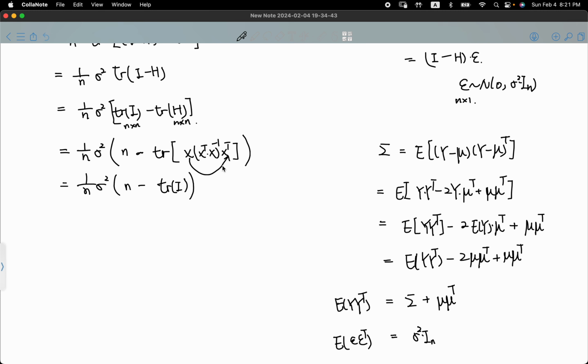Yes, but here I want to point out this is the identity matrix with dimension p, not n, because of x transpose x inverse x transpose x. Here I'm referring to the trace after I bring the x to the end.